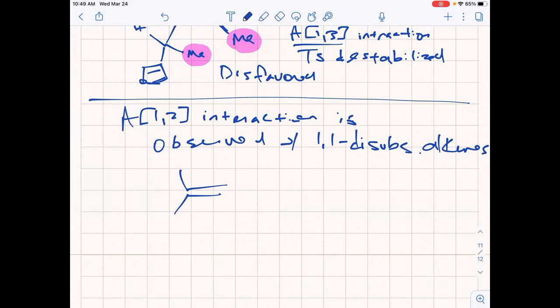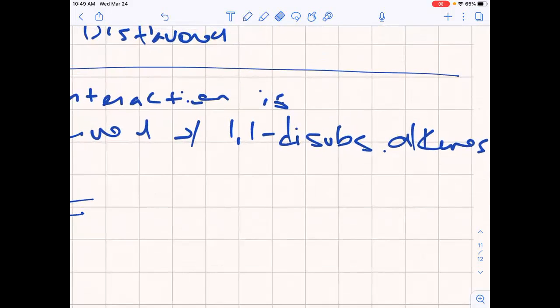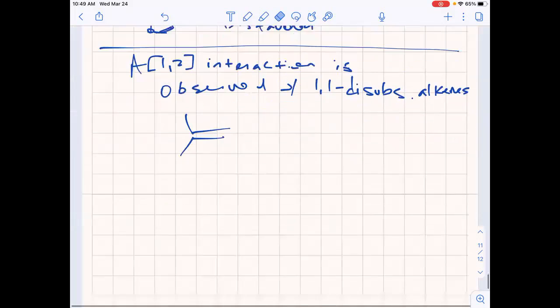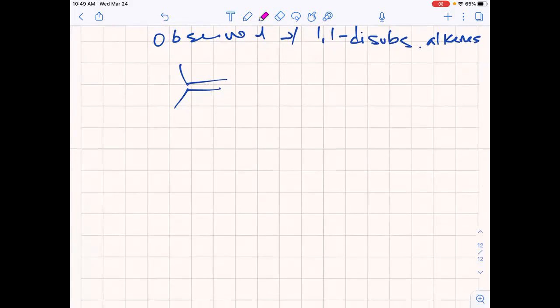Let me fix that. Sorry about that. So we have an alkene, 1,1 disubstituted, like this. It's the same kind of idea.